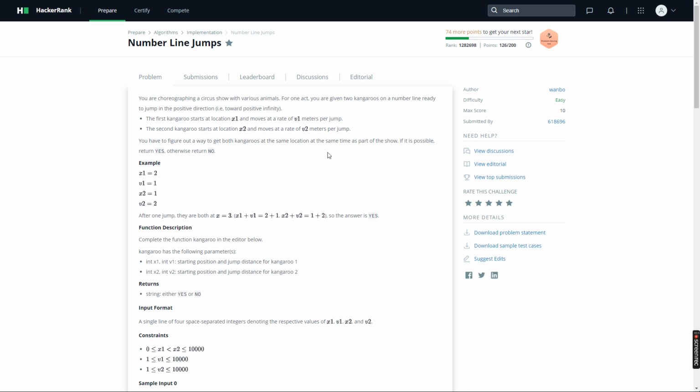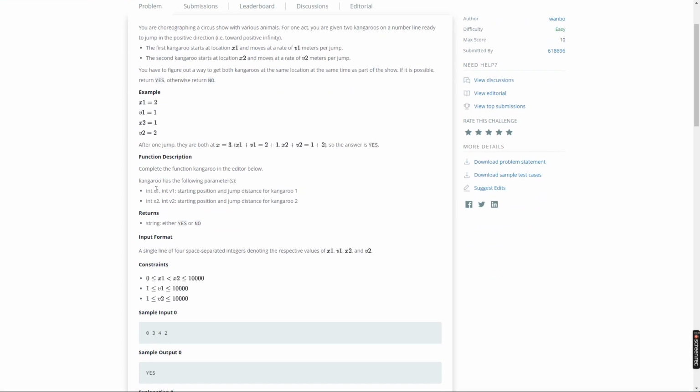If those kangaroos ever meet at the same location at the same time, we return yes. Otherwise, no. So in the example, first kangaroo stands at 2 meters point, and it jumps 1 meter each time.